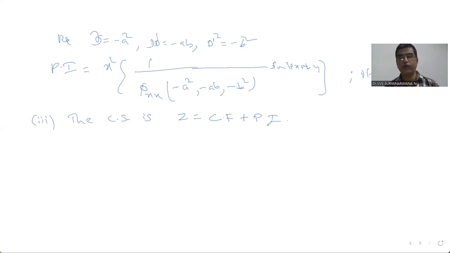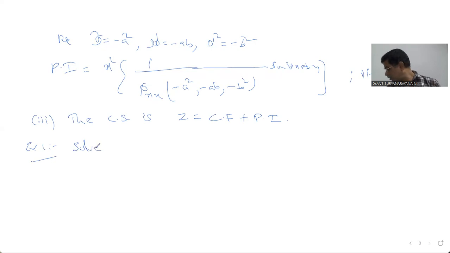And in step number 2, we have calculated the particular integral by taking the right hand side function sin ax plus b or cos ax plus b, whichever is given. Then in the last step, we'll declare the complete solution as the dependent z equal to CF of step 1 plus PI, particular integral of step number 2. This is the process. So to understand this process, we will do two problems. Okay. Problem number 1.